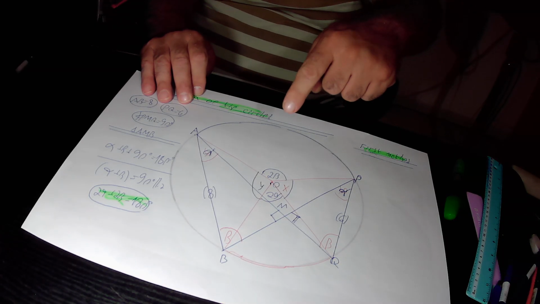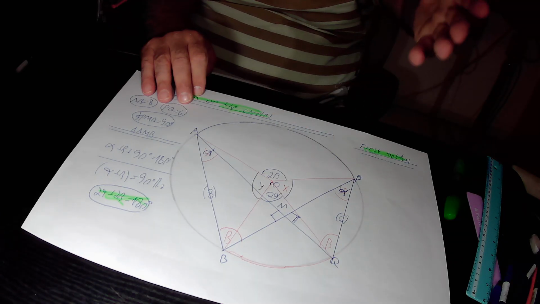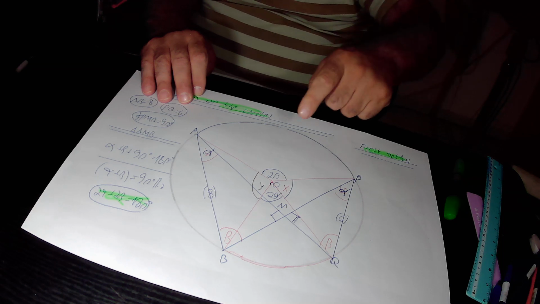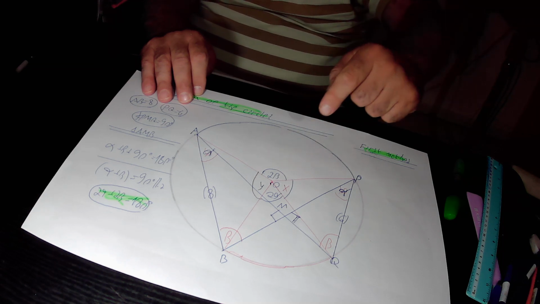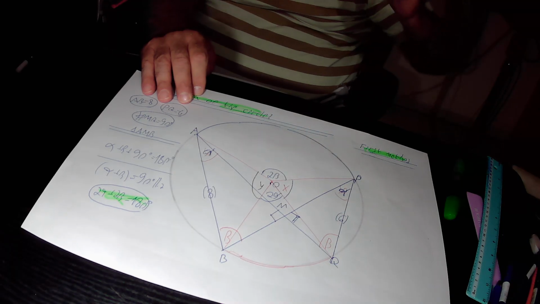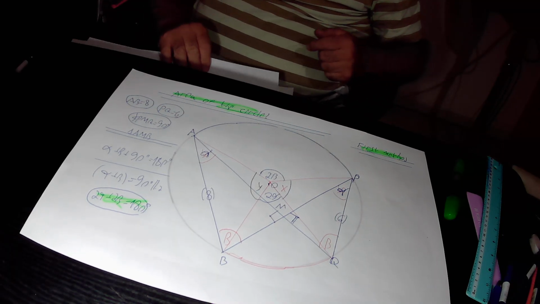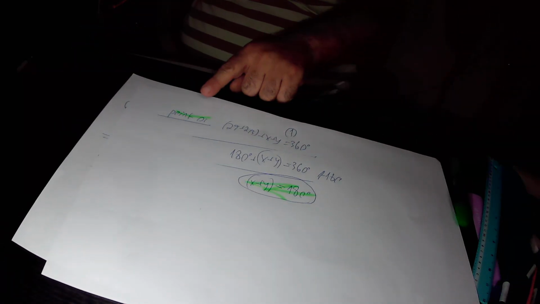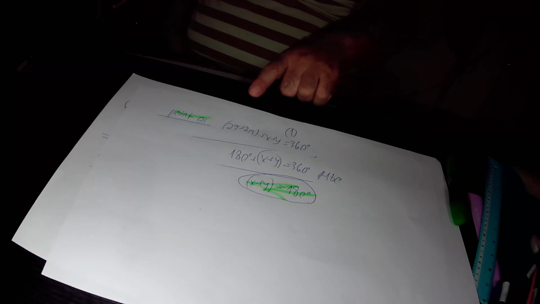Therefore the sum of the angles around point O, that is the center of this circle, must be equal to 360 degrees. In total, around point O, we have 4 angles: 2 alpha plus 2 beta plus x plus y must be equal to 360 degrees.